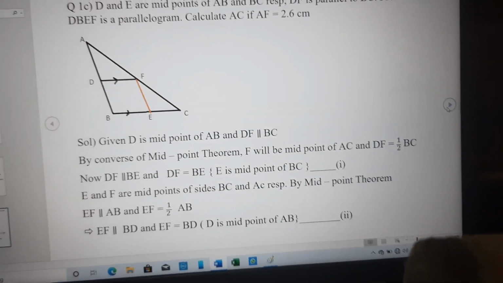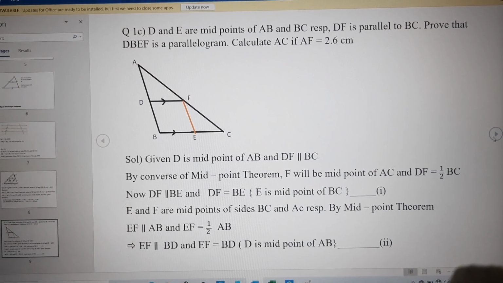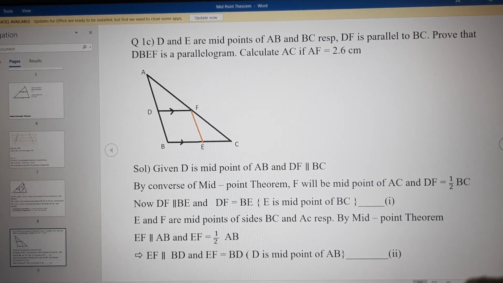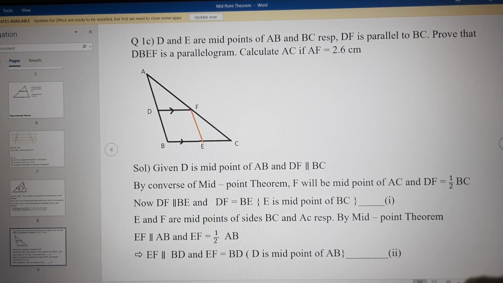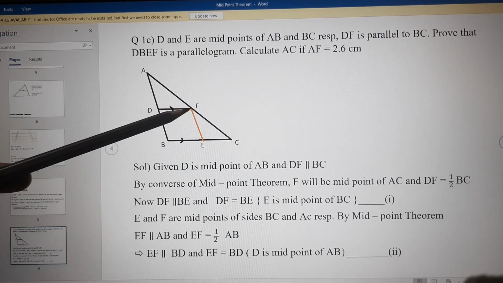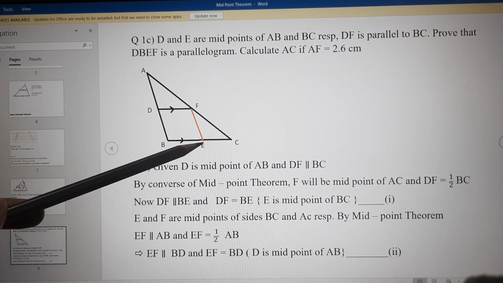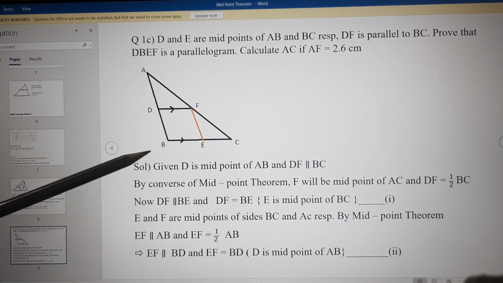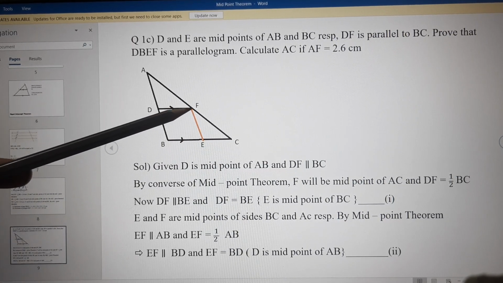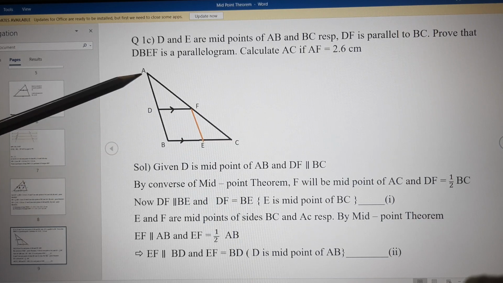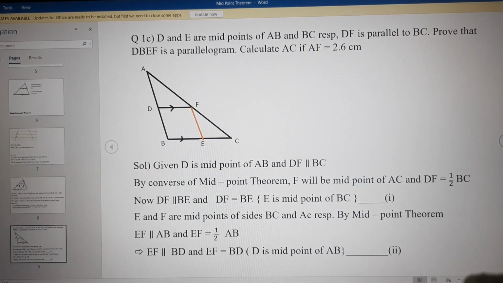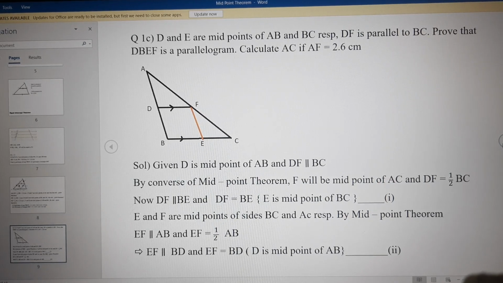For the other pair, what do we have to do? Here now F is the midpoint. We have proved that F is the midpoint of AC. And it is given that E is the midpoint of BC. So, in triangle ABC, we take F and E as the midpoints of line segments AC and BC respectively. Clear?